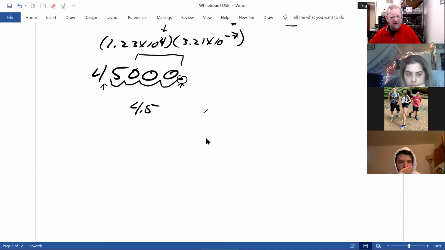So 4.5, the number is greater than 10. Remember, this means greater than. And I moved it 1, 2, 3, 4. And therefore, n is positive, 10 to the 4th. And that's how you do it.